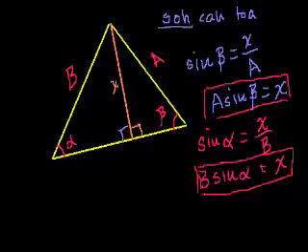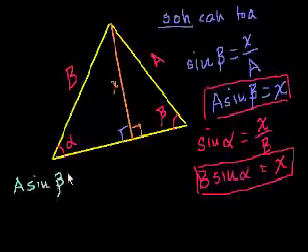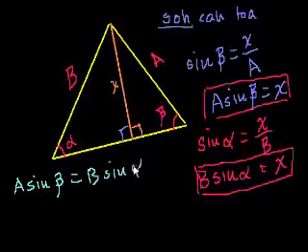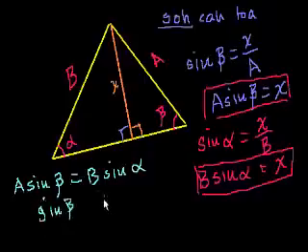A sine of beta is equal to x, which is also equal to B sine of alpha. If we divide both sides of this equation by A, what do we get? We get sine of beta, because the A on this side cancels out, is equal to B sine of alpha over A.